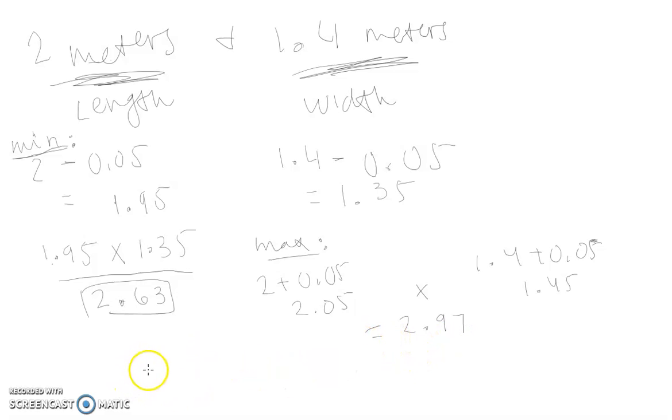So you can now say that the area of this wall is between 2.63 and 2.97.